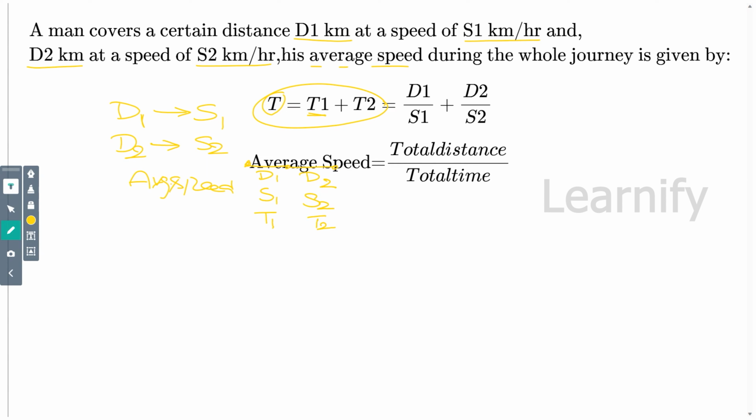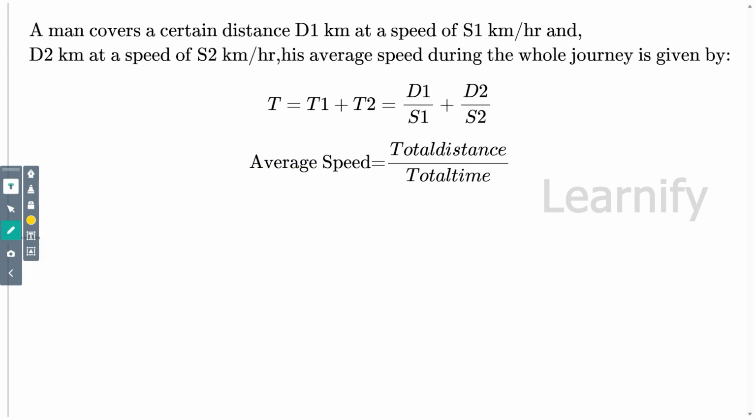So t1 equals distance divided by speed, d1 by s1, and t2 is d2 by s2.